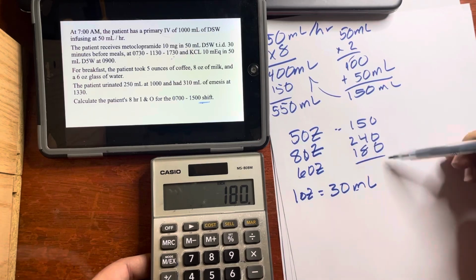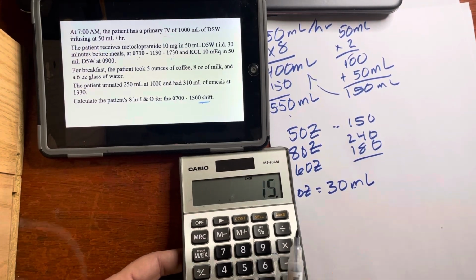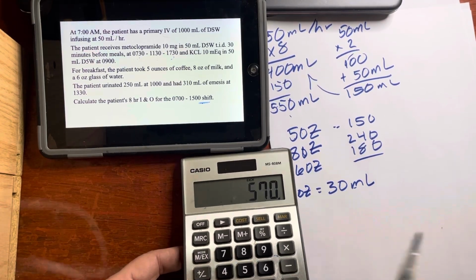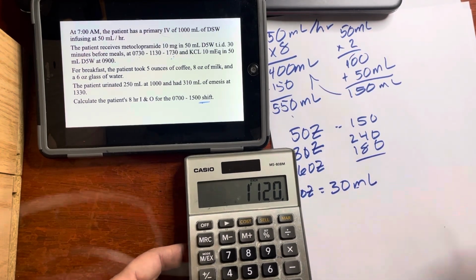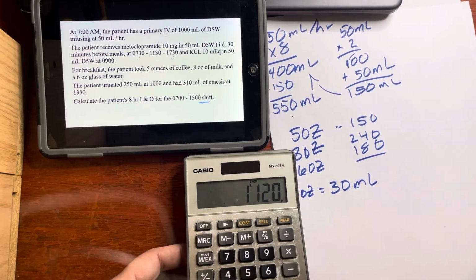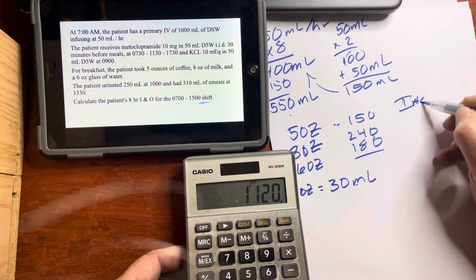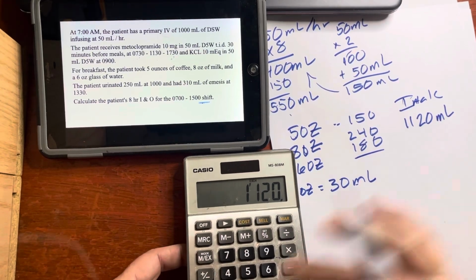And then we're going to add these up and add it to that. So that is 150 plus 240 plus 180 plus 550 equals, so the total intake is 1120 milliliters.